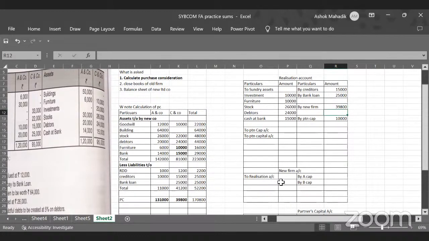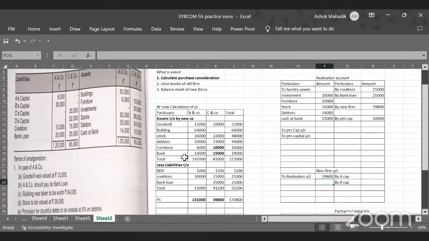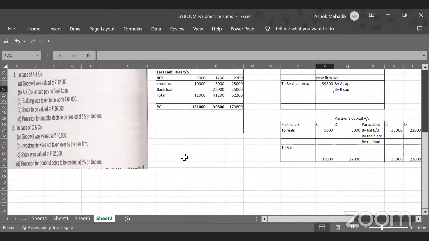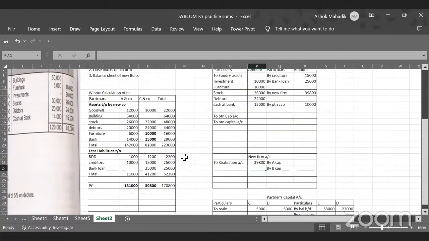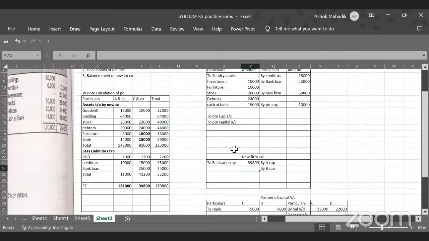Second effect will be from the new firm to realization, 39,800. Okay. So let us see if any other adjustment is there. Investment, stock. Yeah, that is done. Provision, already done.